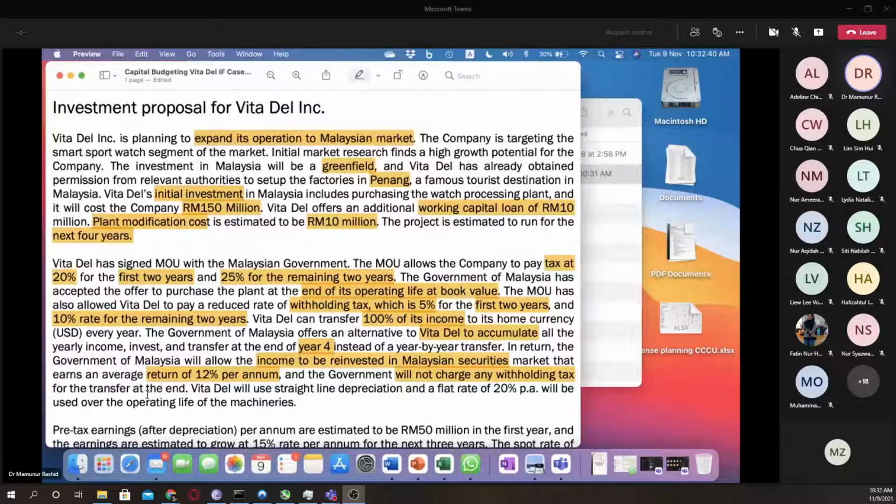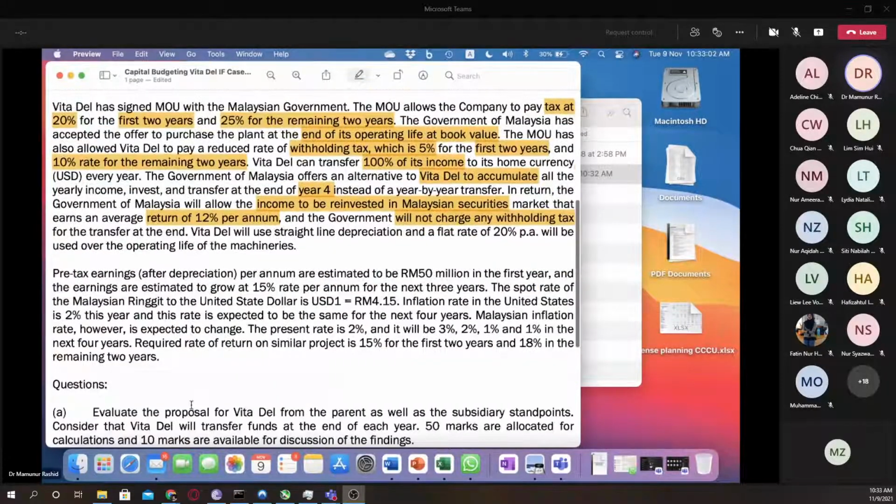So if you transfer every year, you will be charged 5% first 2 years, 10% second 2 years. But if you invest in Malaysian market for the next 4 years, at the end of 4 years you can transfer everything without any withholding tax, and you will earn 12% per annum. So this is a benefit given by the Malaysian government so that the company considers the alternative.